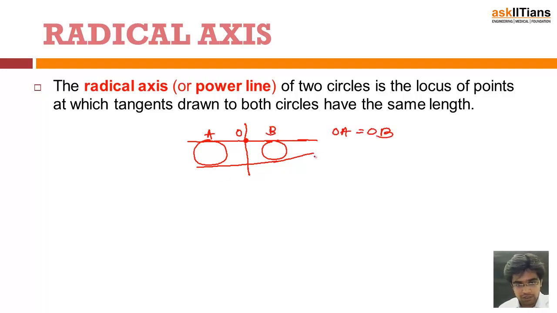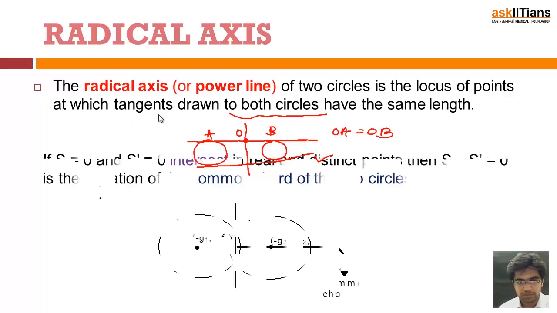And similarly for this, they bisect the direct common tangents as well as the transverse common tangents. So the radical axis is the locus of points at which tangents drawn to both the circles, that means common tangents, have the same length. So if you draw tangents from O, they will have the same length. That is what the definition says.